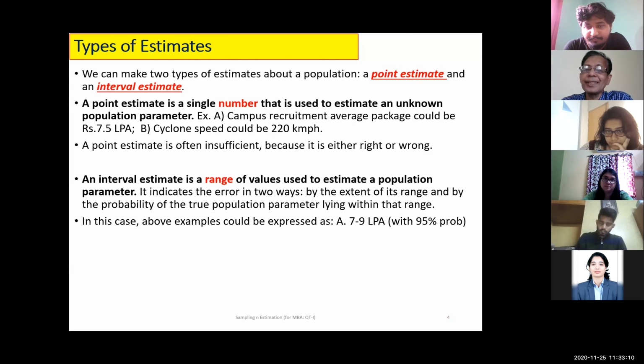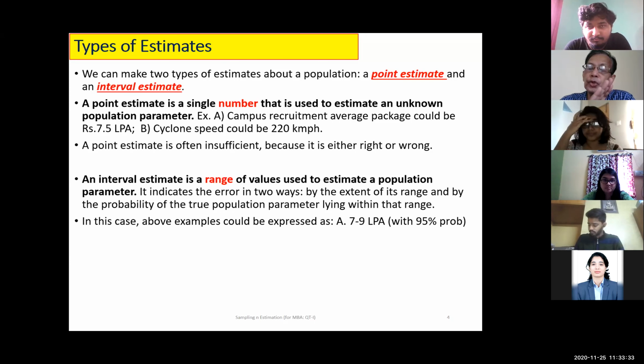If you are repeating this kind of prediction, suppose somebody started today, there is a mathematical model to predict the wind speed of a cyclone. Suppose you have predicted on 100 occasions. The 95% guarantee means, Kirti, out of 100 predictions, in at least 95 cases your prediction should be correct.